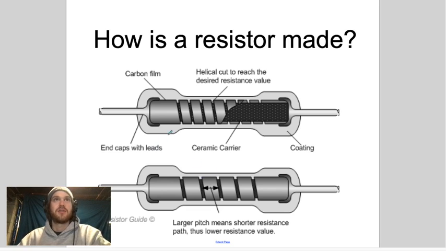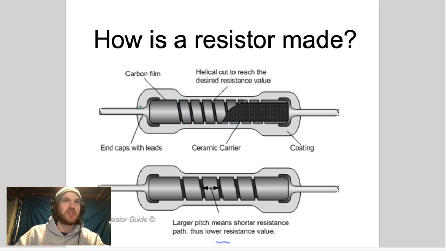But the basic idea is you have an insulative core, and then a conductive and yet resistive coil that wraps around, so the electricity is forced to travel through there, and you can specify the number of windings to change the resistance value. I'm not an expert on this by any means, but that's the basic idea.